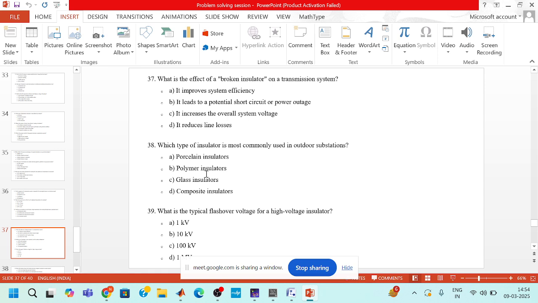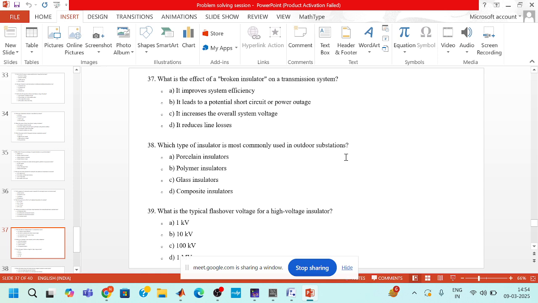Okay. The next question is, which type of insulator is most commonly used in outdoor substations? Options are porcelain, polymer, glass, composite. Substations, glass insulators, madam.